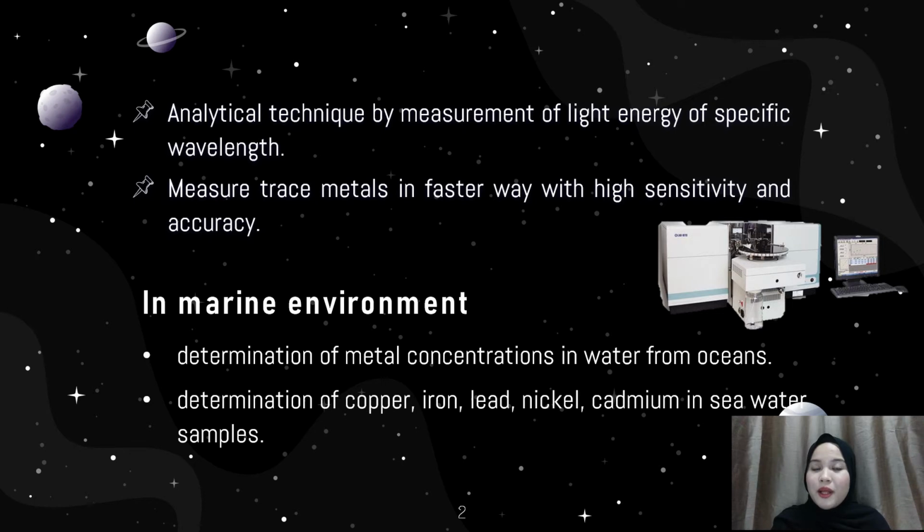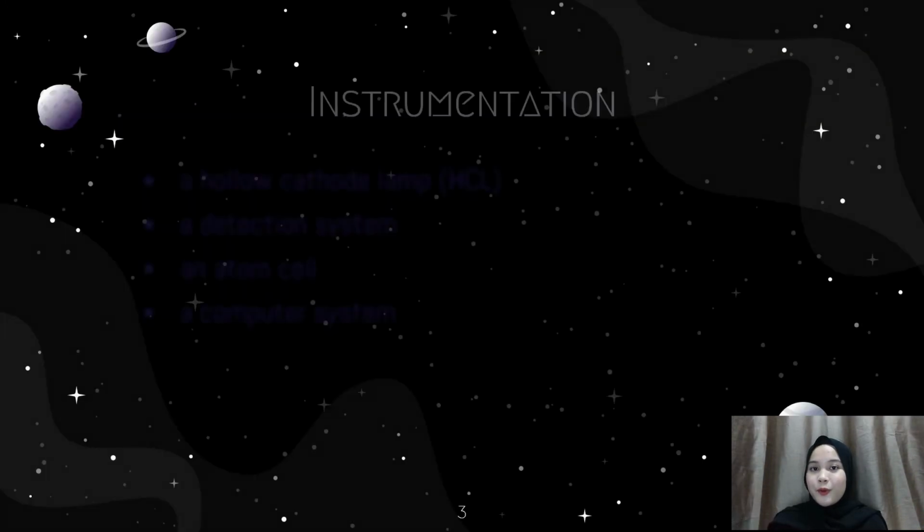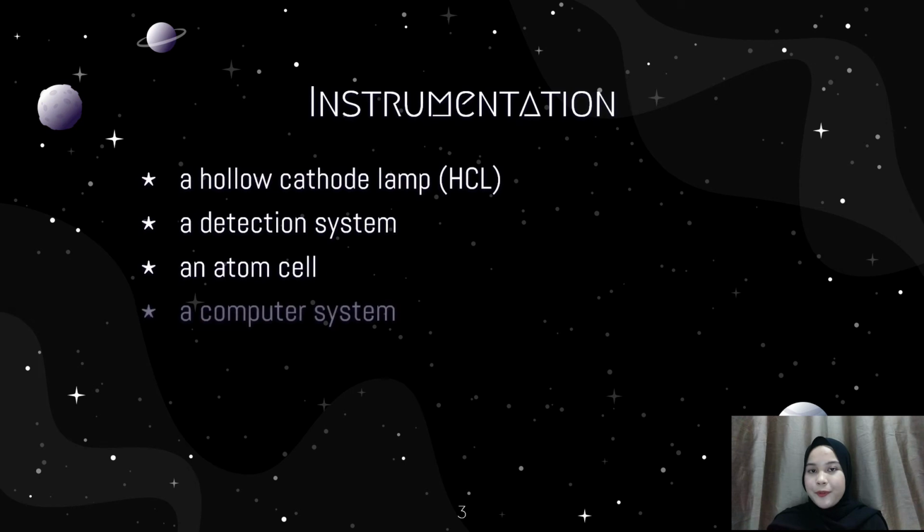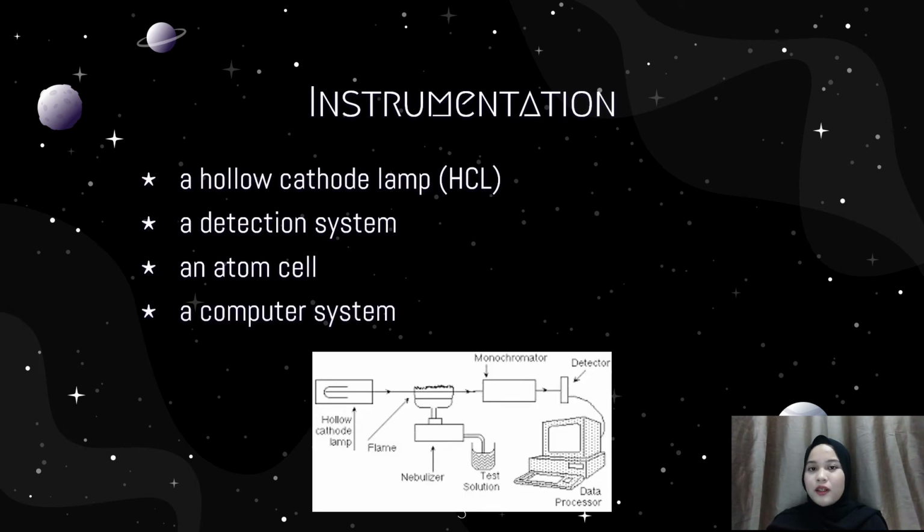The AAS method can be applied for the determination of iron, cadmium, lead, nickel, and copper in seawater samples. Modern instrumentation of AAS typically consists of a light source called a hollow cathode lamp, a detection system, an atom cell, and a computer system to control instrument operation, collect data, and process data.